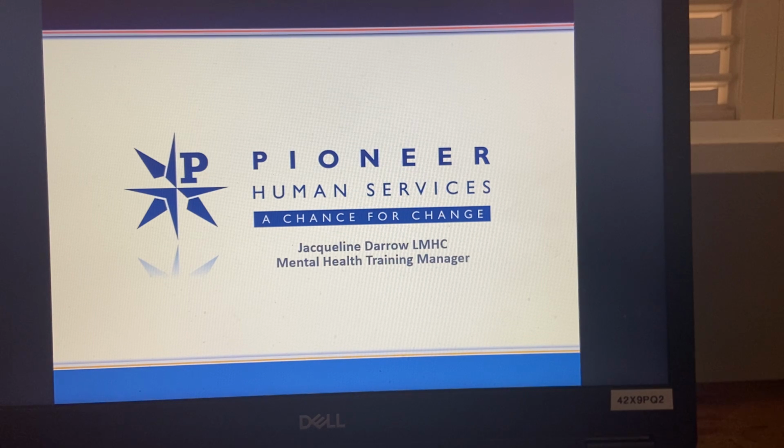But again, at this time, the Columbia scale is to be utilized by clinical staff only. In the future, once residential treatment specialists, certified peer counselors, and any other non-clinical role has taken youth or adult mental health first aid, they will then be allowed to utilize the Columbia scale.